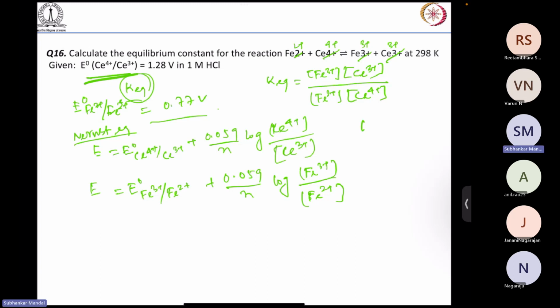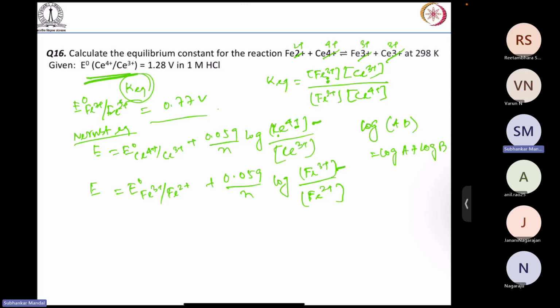Now we know the logarithm rule, log of A by B is log A minus log B. So you can see here and here: cerium 4+ is up and Fe3+ here.